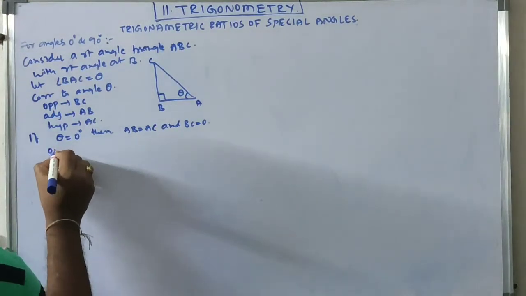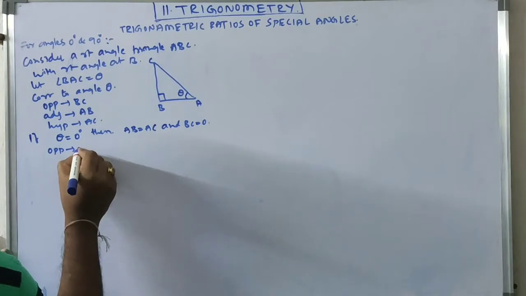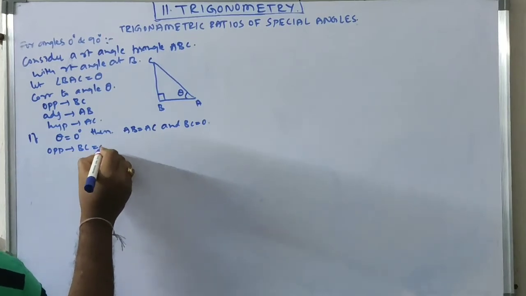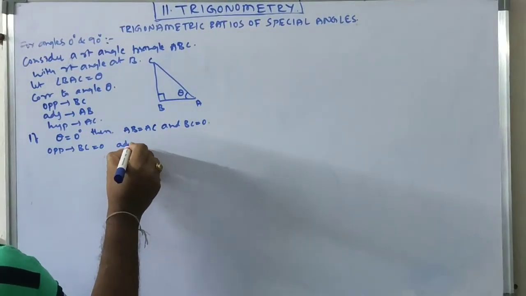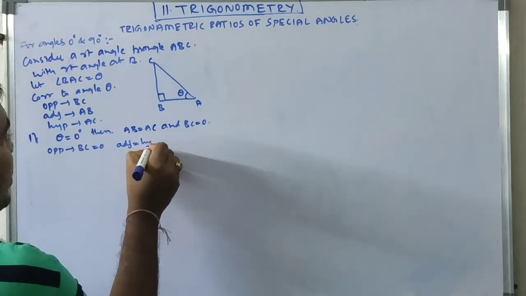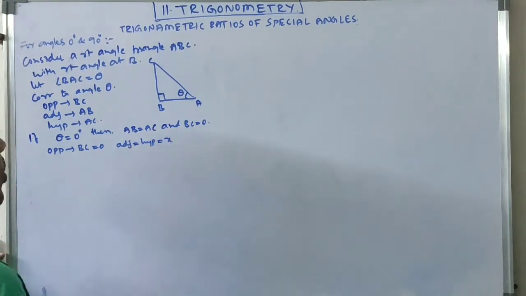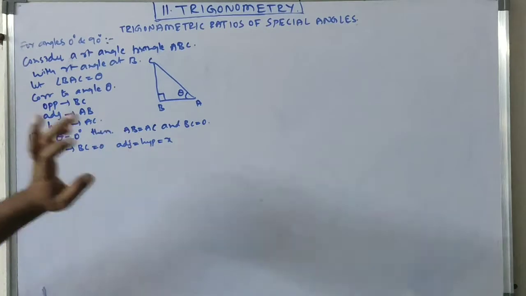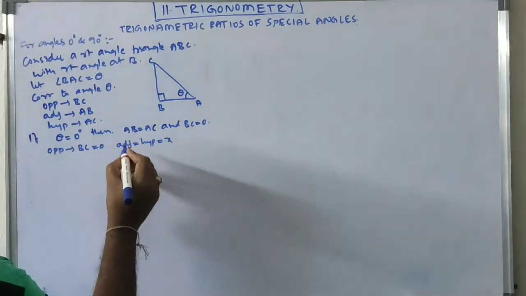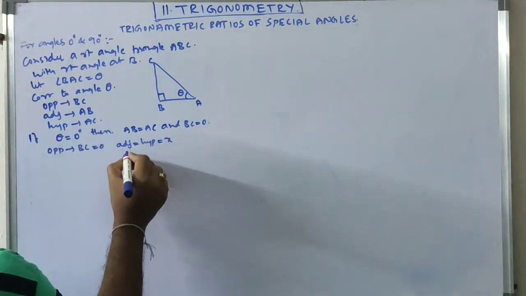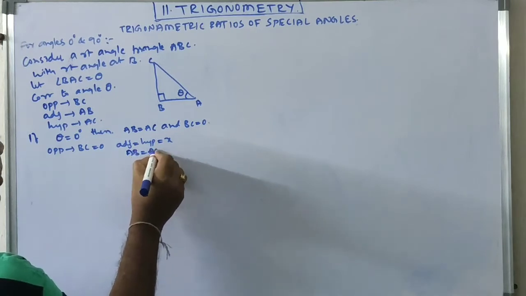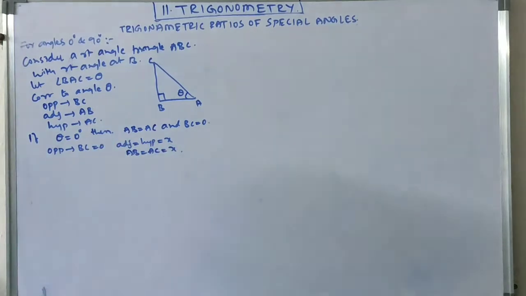So opposite BC equals 0, adjacent equals hypotenuse. Let us consider this equal to x. Adjacent, which is AB, equals hypotenuse, which is AC, equal to x.